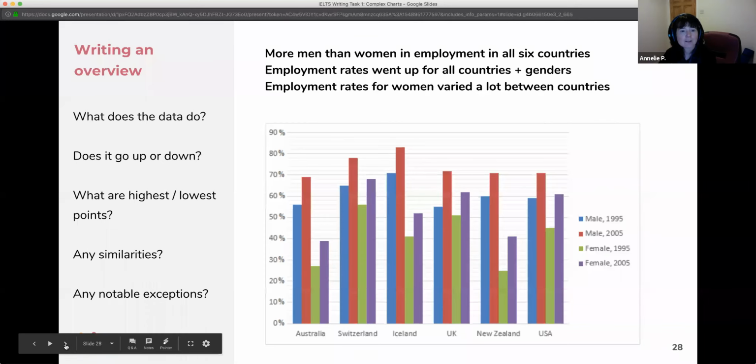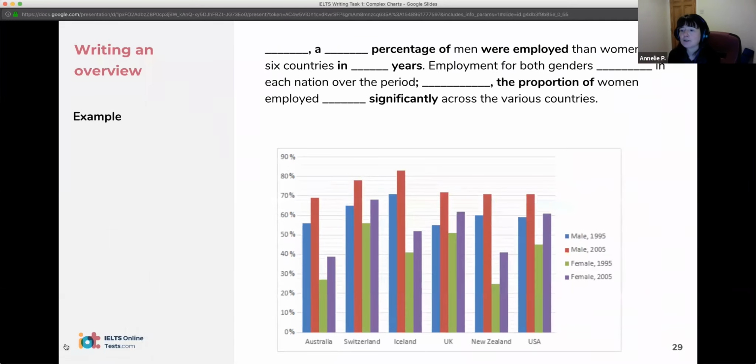So now let's have a look at how we would write the overview. We've got an overview here, but we've got some words missing. So how do we always need to start the overview? Good. Overall, just very simple. Always put overall at the beginning of the overview.